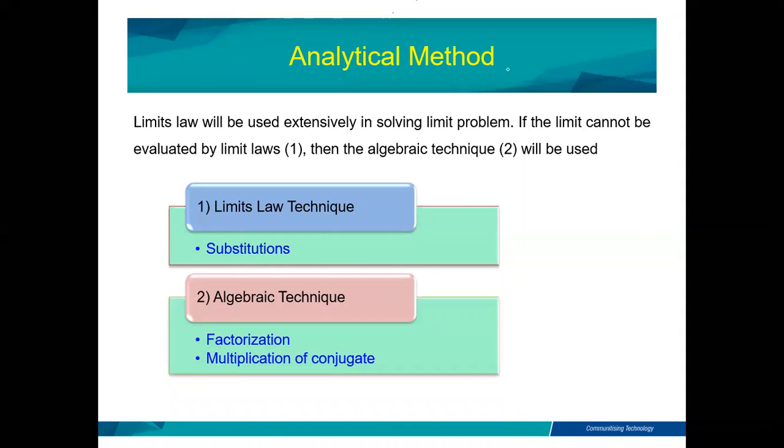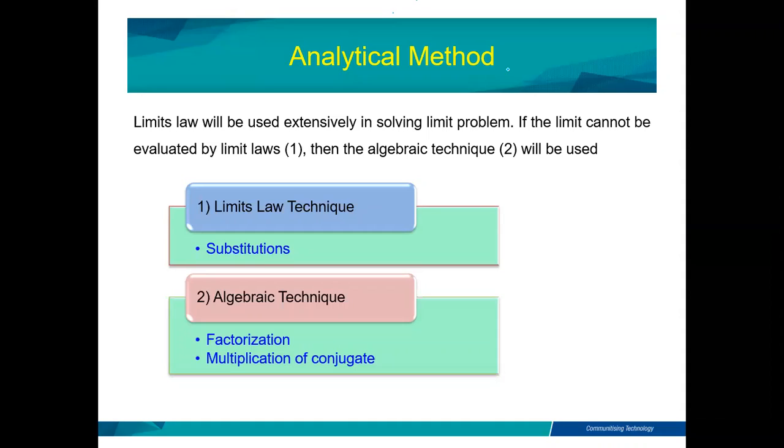Remember, in the analytical method we have two techniques: the limit technique and the algebraic technique. For the limit technique, we use substitution, and for the algebraic technique, we have two methods. Again, they are factorization and multiplication of conjugate.